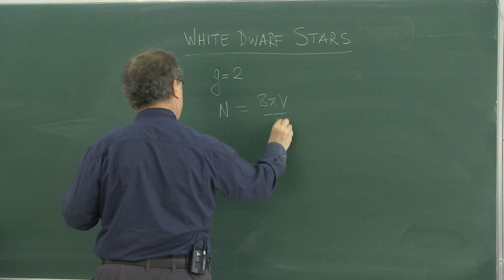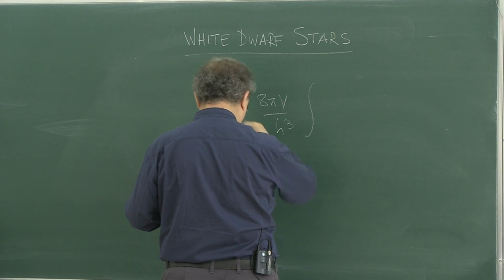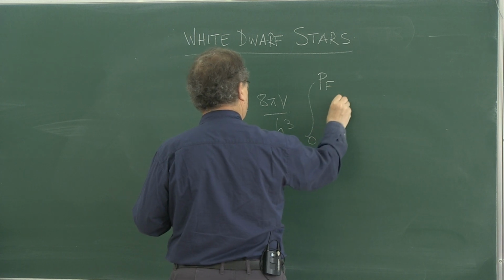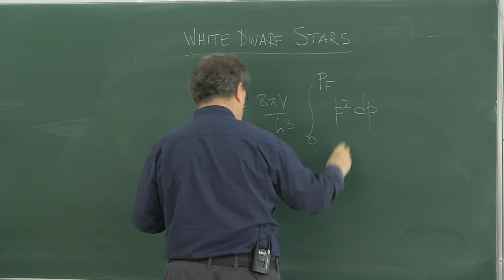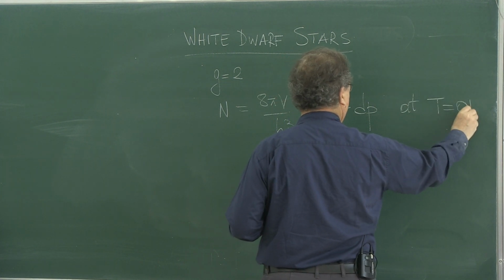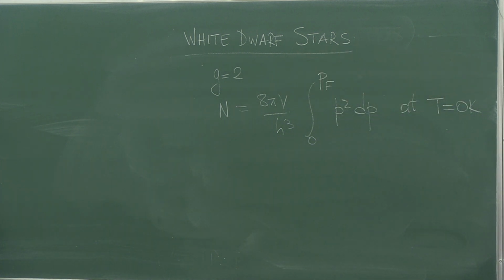putting the constants in, writing the density of states. Why don't you check this way of writing it? At T equals 0, at absolute zero, all the states up to the Fermi energy are filled by electrons, and nothing above the Fermi energy. They are all empty.